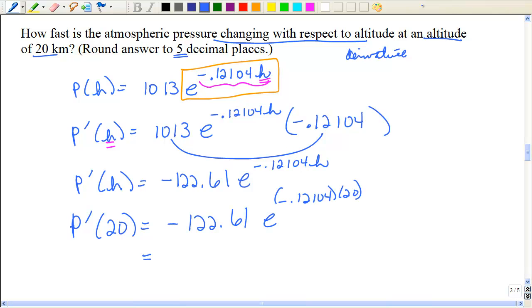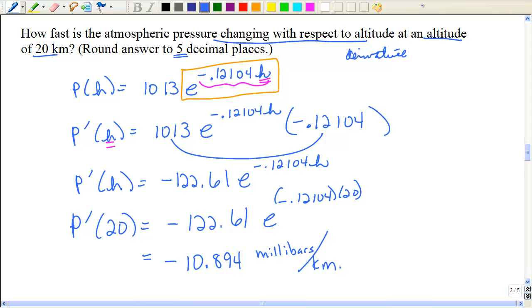Again, you would need a scientific calculator, punching that in carefully, and I get negative 10.894, and this is going to be millibars per kilometer, which means the pressure decreases as I go up in kilometers, which is certainly what we saw as we looked at the pressure at 0, at 20, and at 50 kilometers.